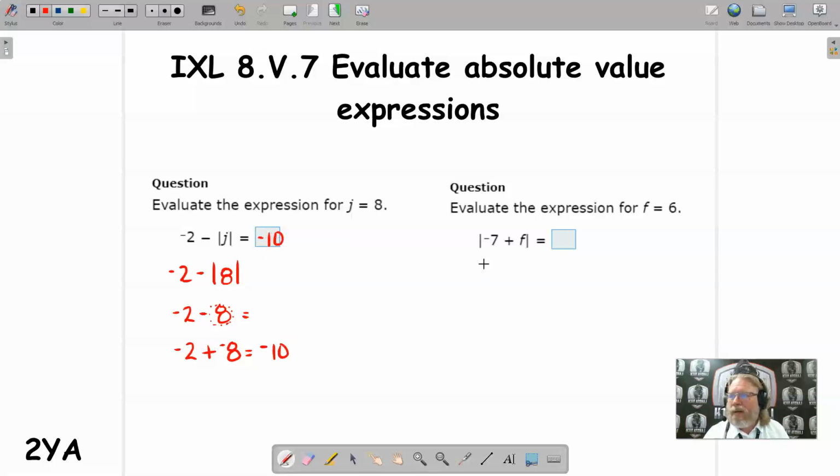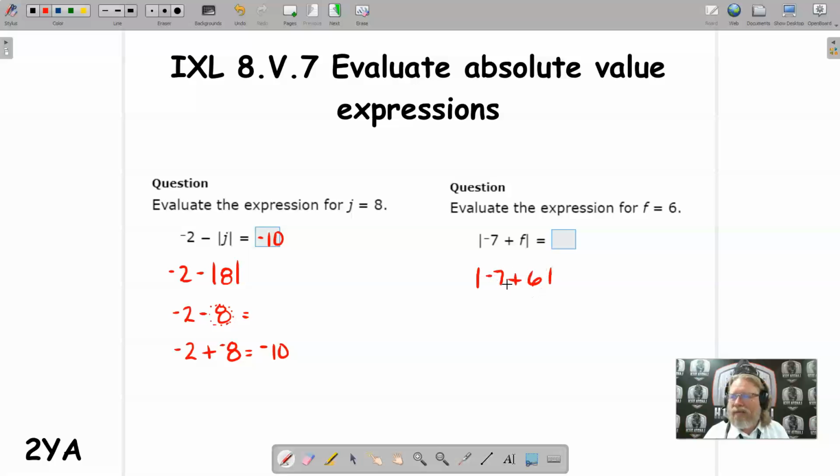On the next one, I have the absolute value of -7 plus f. Remember, we're just going to rewrite it, and then we're going to substitute in whatever the variable is. In this case, the variable is f, and its value is 6. So now, before I can take the absolute value, I actually have to add these together.